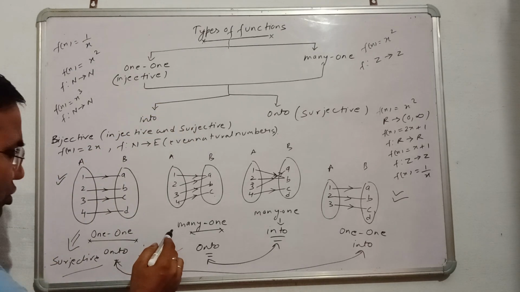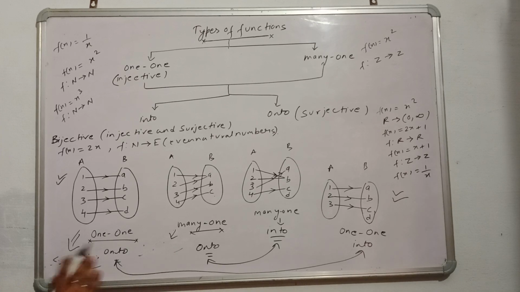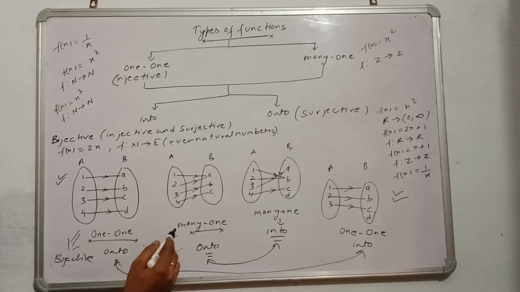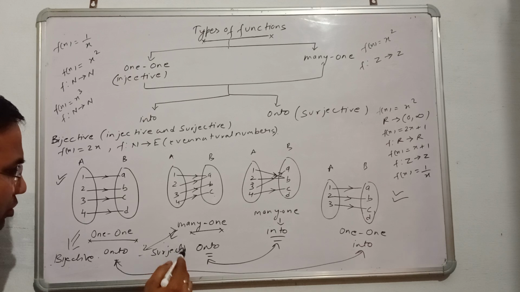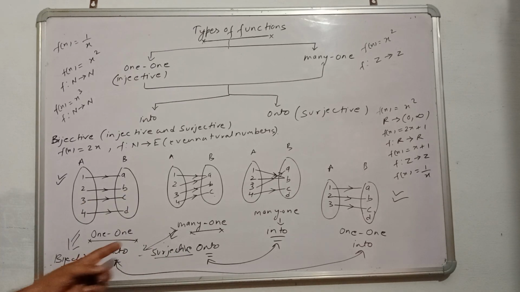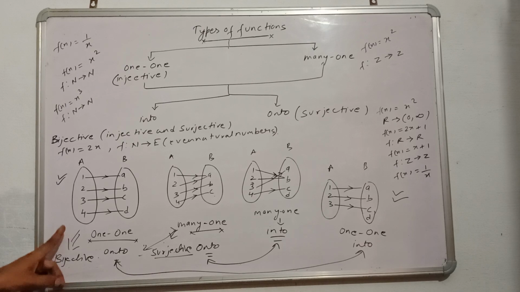See, this is also many-one onto surjective. Sorry, we are talking about bijective. So this will be called bijective, and these both are surjective. If one-one onto or many-one onto, it is surjective. If one-one onto only, that will be called a bijective function.